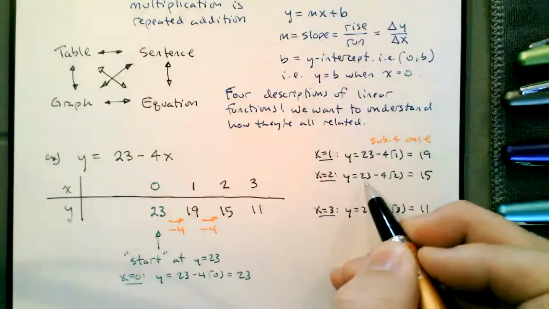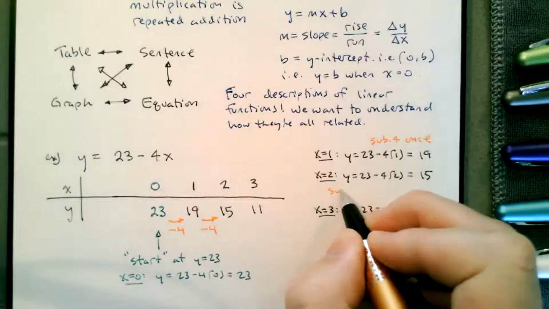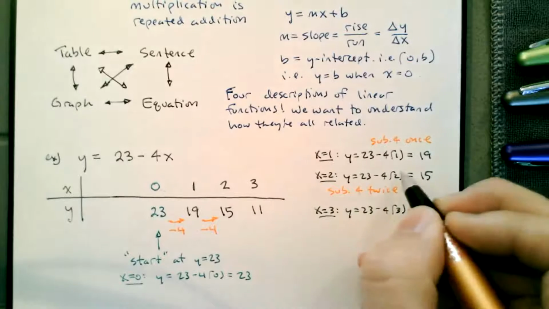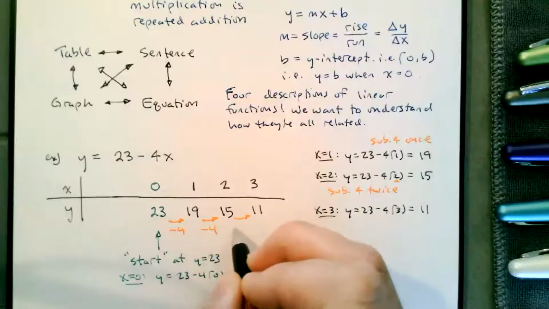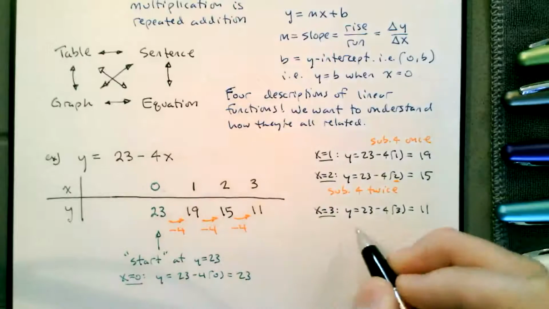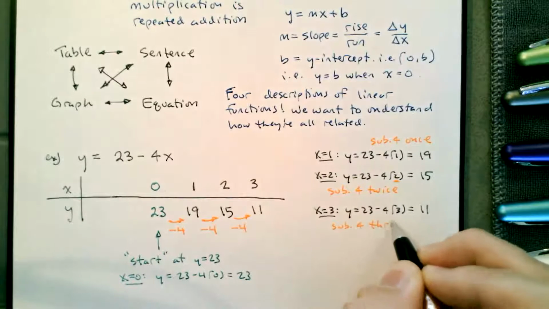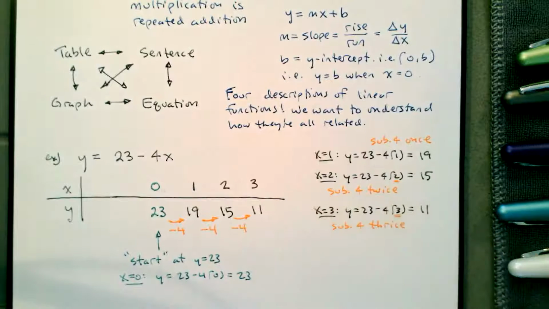But from 23, we subtracted 4 two times. And then from 15 to 11, we subtract 4 again. But from 23, we subtracted 4 three times. I'm going to go full Burns. Thrice. Because that's a word that needs to come back. 3 times, or thrice.